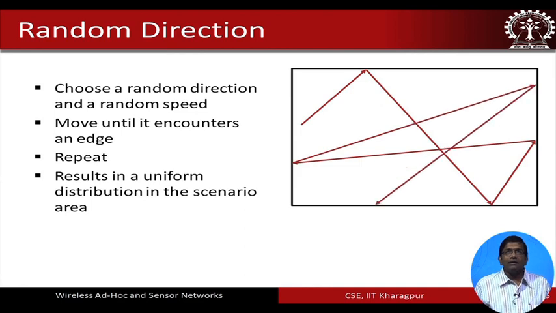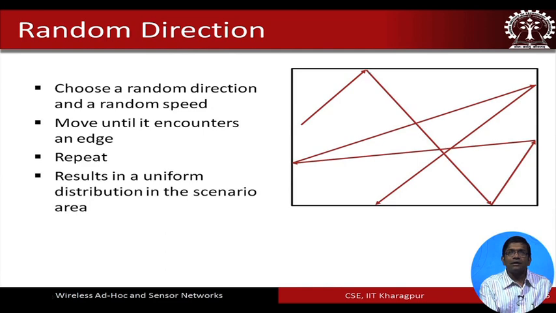Now, we see in front of us how the random direction mobility model works. In the random direction model, as the name suggests, the node chooses a random direction and a random speed, and it moves until it encounters an edge. So, this is what we just saw: random direction alpha, random speed v. The node keeps on traveling. The random destination is not chosen here.